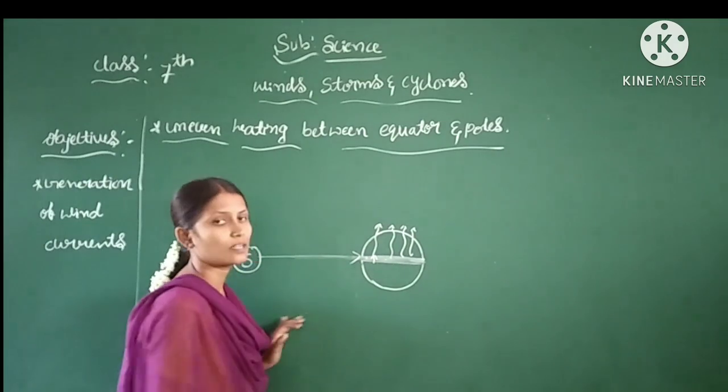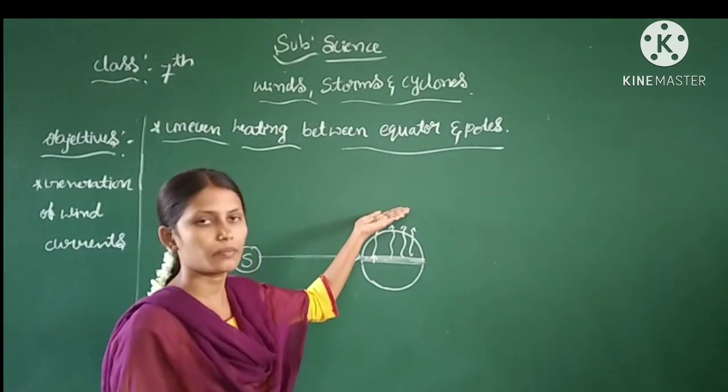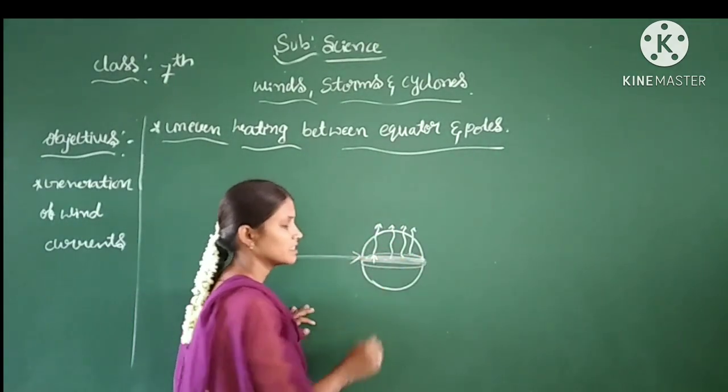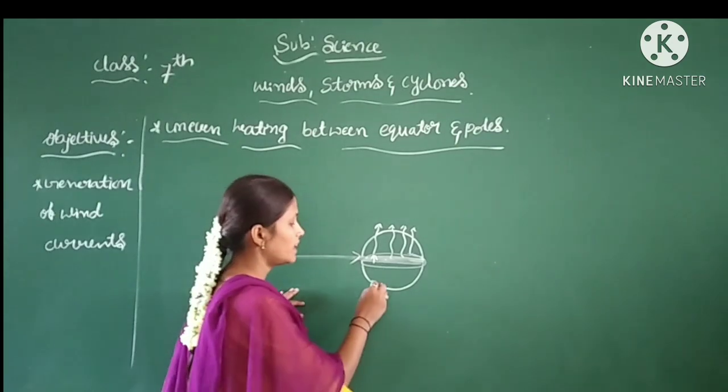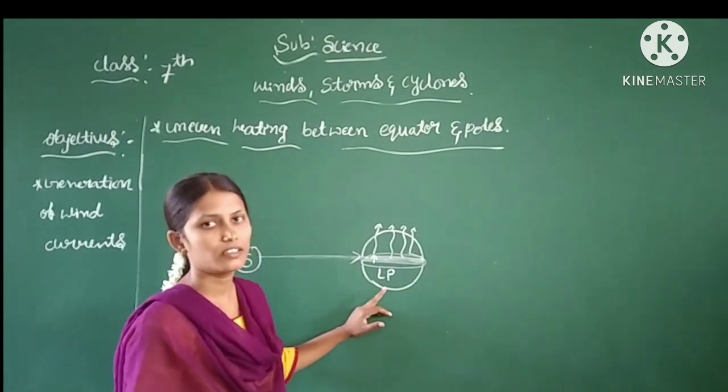Why does it rise up? Air expands on heating, so it rises up. When it rises up, it creates an empty space, and in this empty space low air pressure is created.